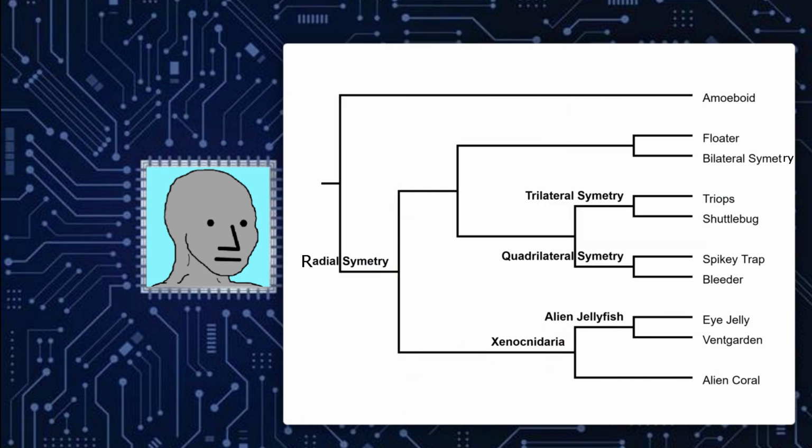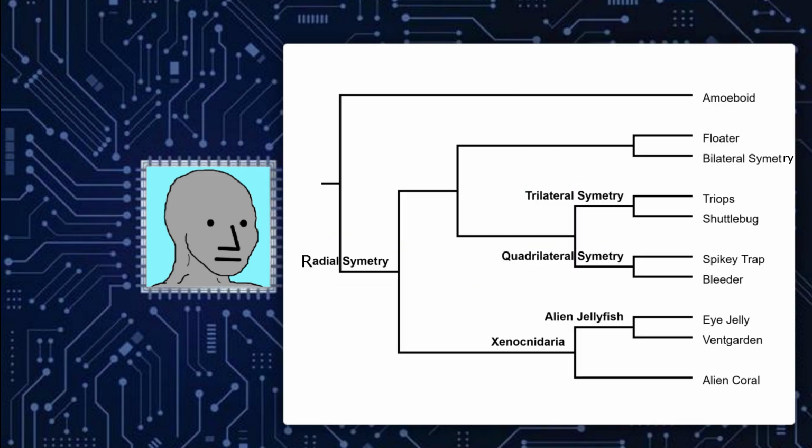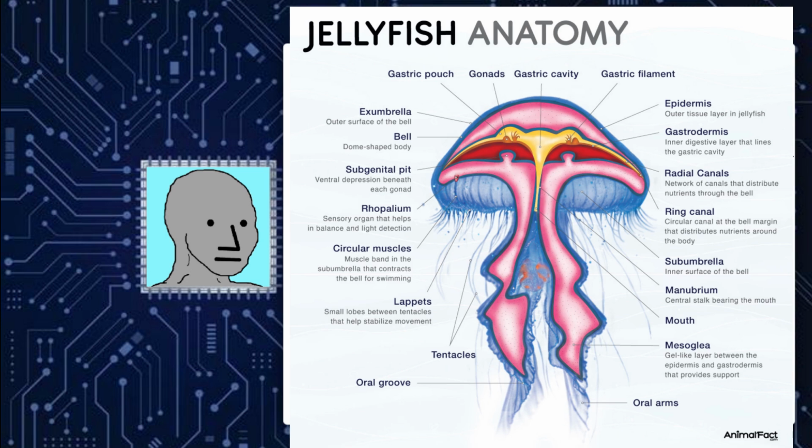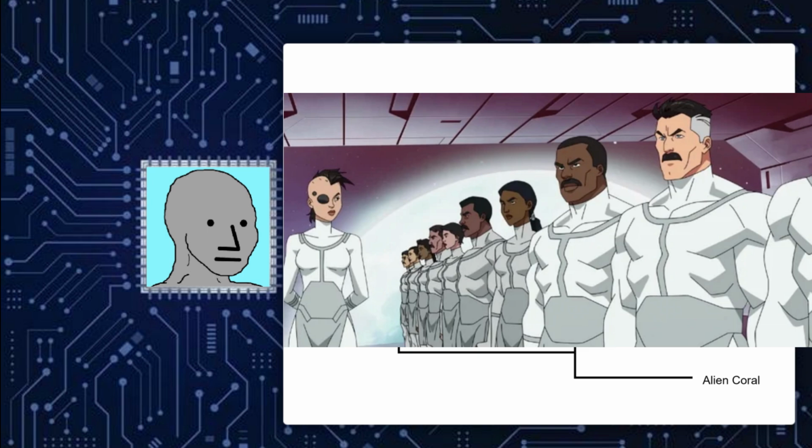Now, usually, when an alien organism looks exactly like an Earth organism, I find it to be unrealistic. But a jellyfish is so simple both in terms of shape and biology that I think it's at least plausible that alien jellyfish can exist. So I don't consider them that unrealistic, not to the same extent as humanoid aliens, at least.